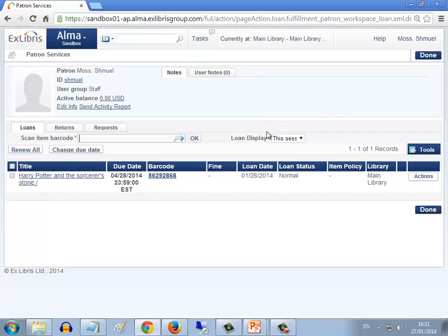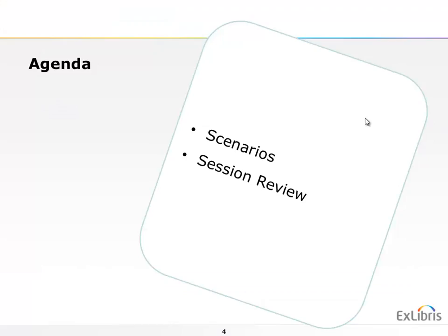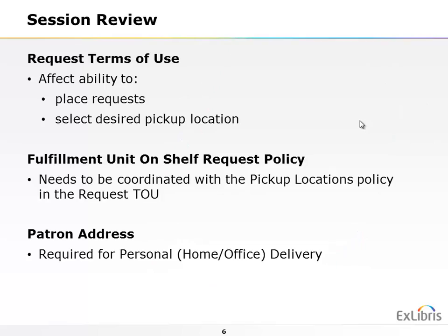Let's just have a brief review of the things that we've seen in this session today. We saw a number of different scenarios. Each one encountered issues that were resolved by making one or more changes to the configuration, and we saw a number of different configuration parameters that needed to be updated or modified in order to resolve those issues.